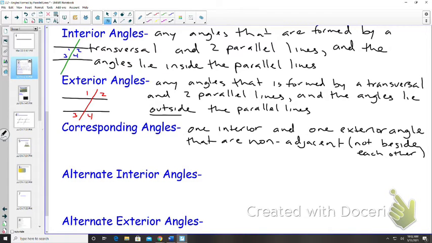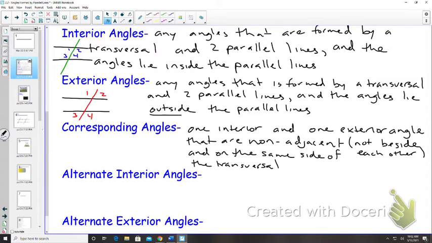So there's one interior and one exterior angle that are non-adjacent, not beside one another, and on the same side of the transversal.